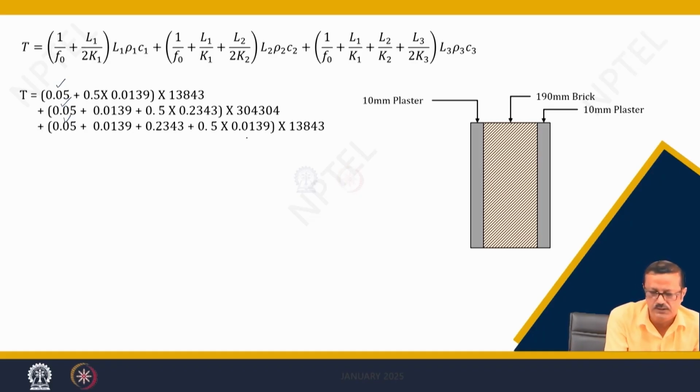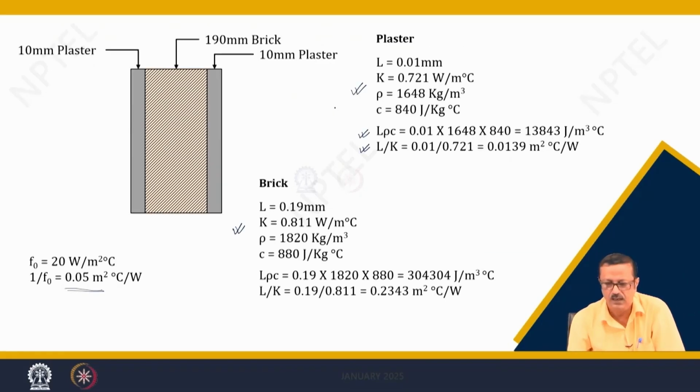So, this is actually L3 by K3 by 2, sorry, and this is L2 by K2, this is L1 by K1.